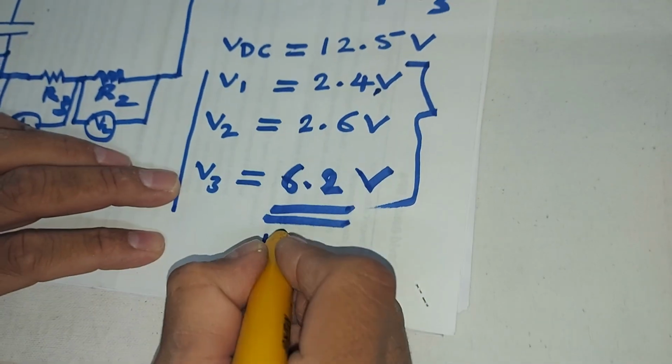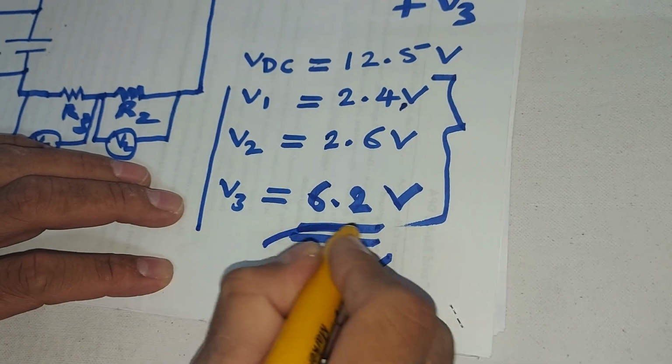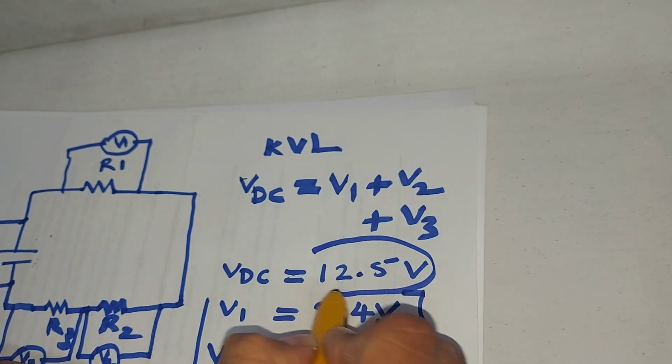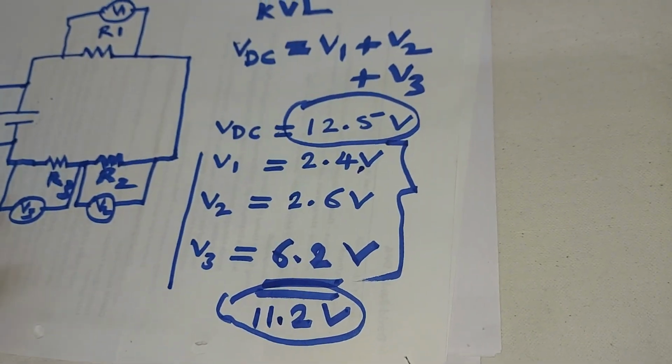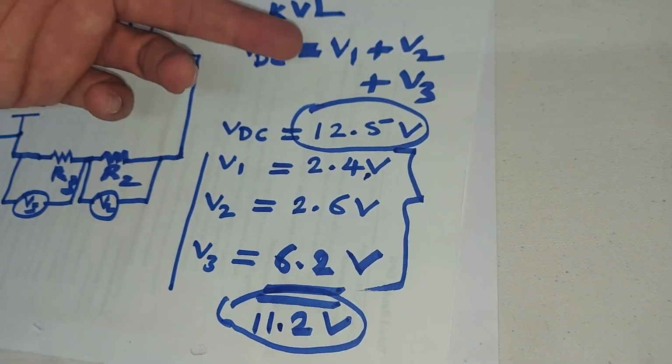So it is 11.2 volt, which is approximately equal to this 12.5 volt, which is the VDC voltage applied here. Now remember there are some minute errors here, so we are not getting exactly 12.5 and 11.2, but actually they are nearly the same.